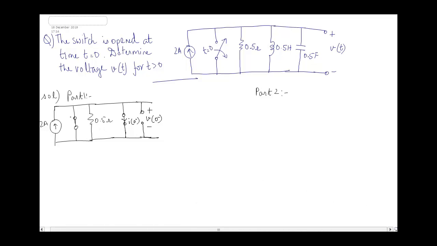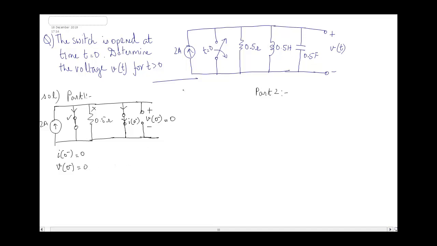Now since the circuit is short here itself, the whole current will pass through this. No current will pass through this connection, so I of 0 minus is equal to 0. And since no current passes through this one, the voltage drop across it is also 0, so V of 0 minus is equal to 0.